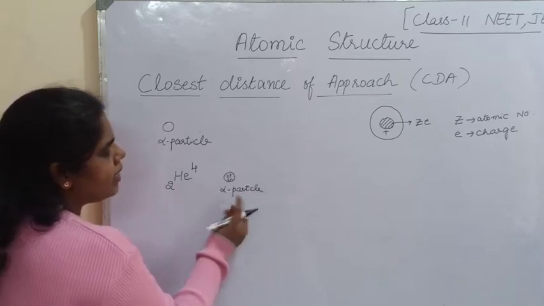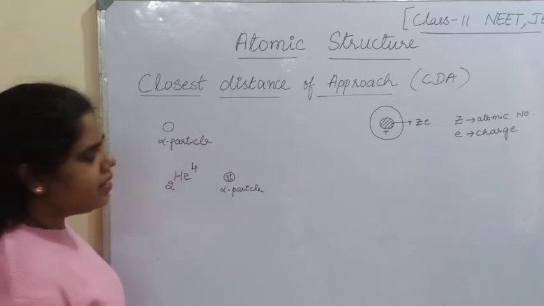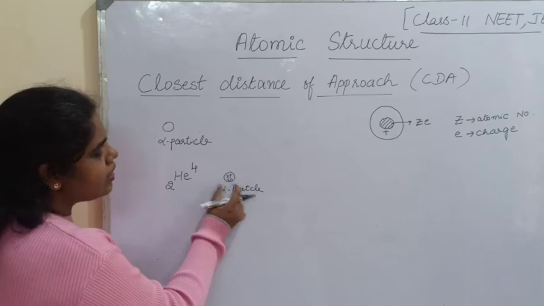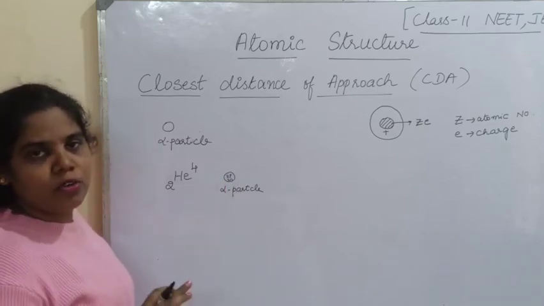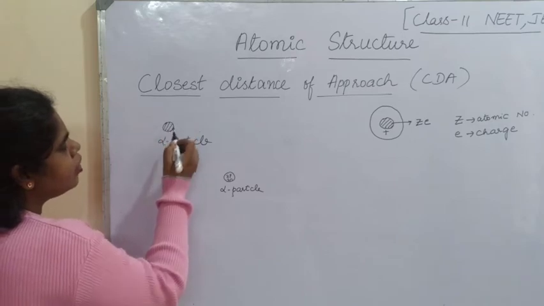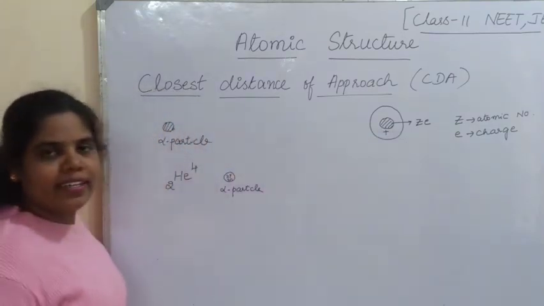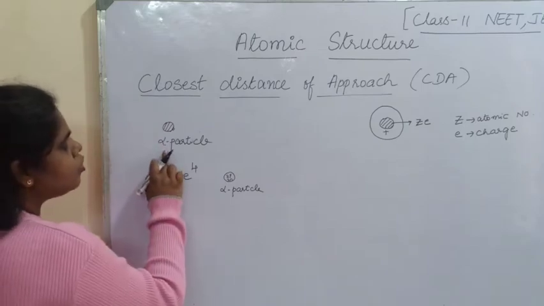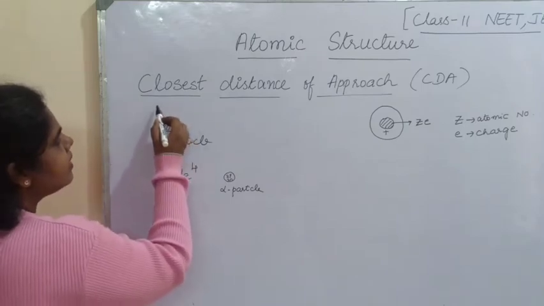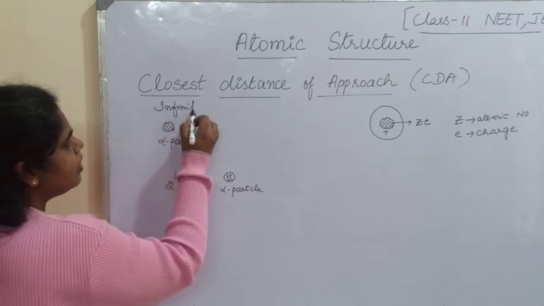So what is an alpha particle? The nucleus of a helium atom is called an alpha particle. It has 2 protons and 2 neutrons, and there are no electrons. Now this alpha particle is accelerated towards the nucleus of the atom. The position of the alpha particle is taken at infinity.